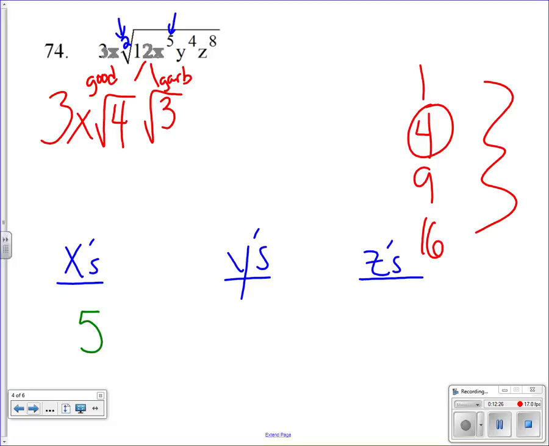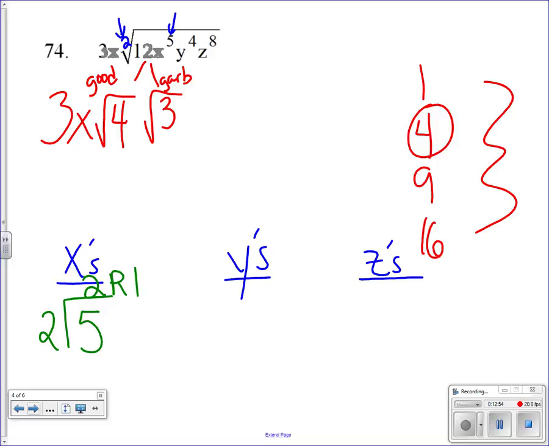And how we set up this good and garbage with the variables is we can just divide our exponents here. So we end up with 5 divided by 2. Well, 5 divided by 2 is just 2 and 1 left over. So 2 remainder 1. So 2 went into 5 2 times.